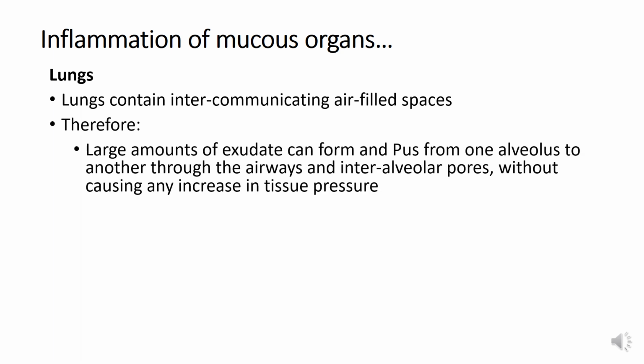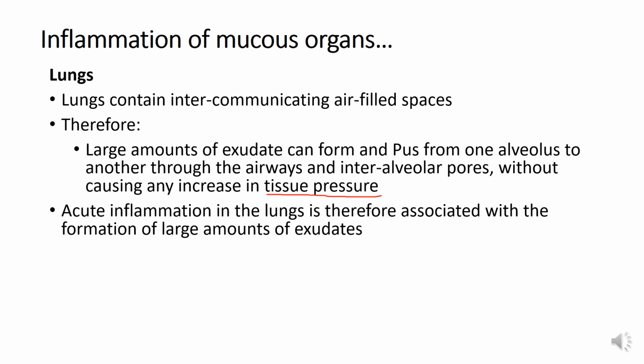So that means during inflammation of the lungs, which is pneumonia, there can be lots and lots of exudate formation and pus formation, and this can quickly spread into the entire lung because of the interconnectivity of the airways. And this can easily happen without any sense of tissue pressure because of the large spacing.